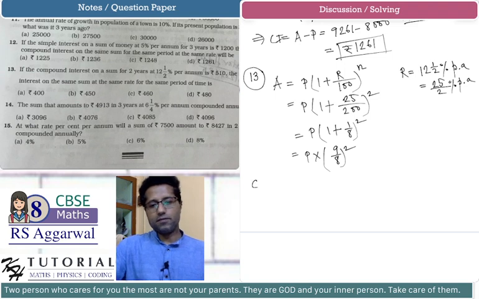And okay, so this is the amount for the compound interest. Now what is the compound interest? It is equal to amount minus principal.